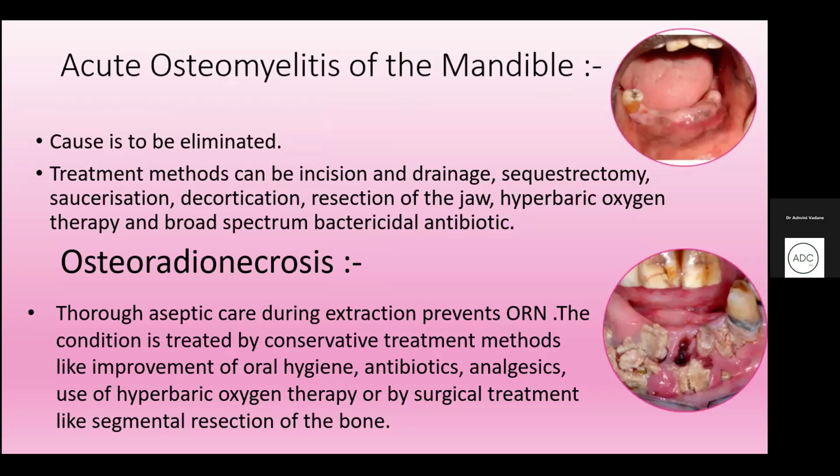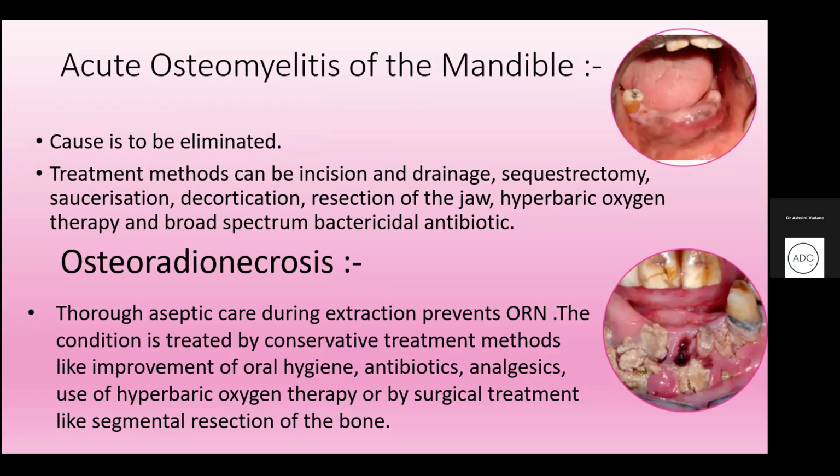Then acute osteomyelitis of the mandible, osteoradionecrosis. In these cases, first of all, we have to eliminate the cause, meaning there should not be any infection in the oral cavity. And even after that, if osteomyelitis happens, then there are treatments like incision and drainage, sequestrectomy, saucerization. All these are surgical procedures.